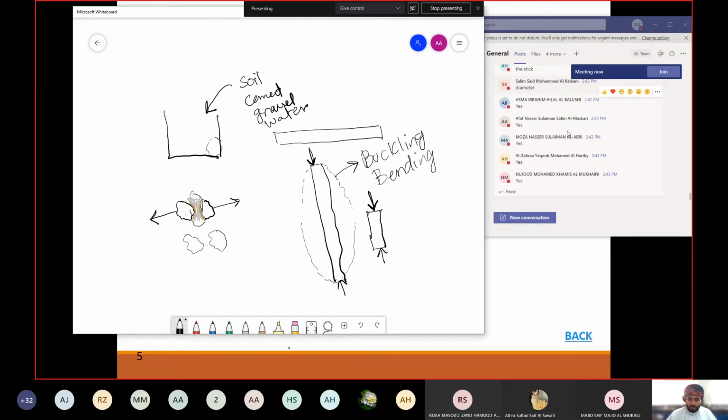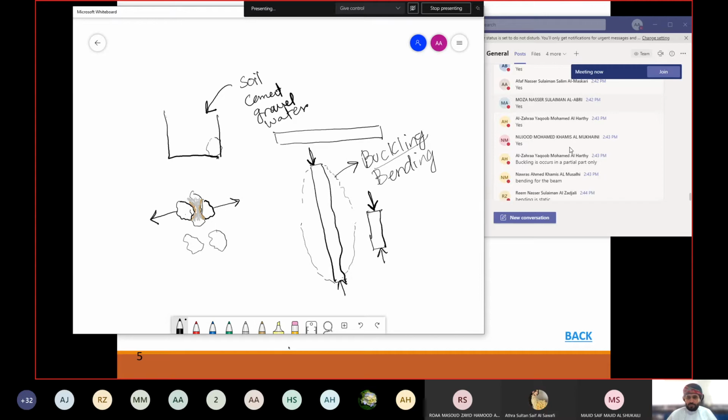Why do we call this buckling, not bending? What is the reason? Why do we have it for a beam only as bending?